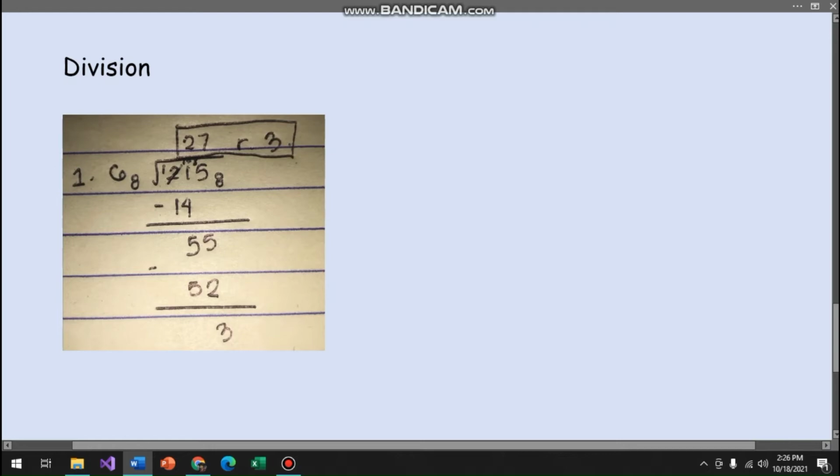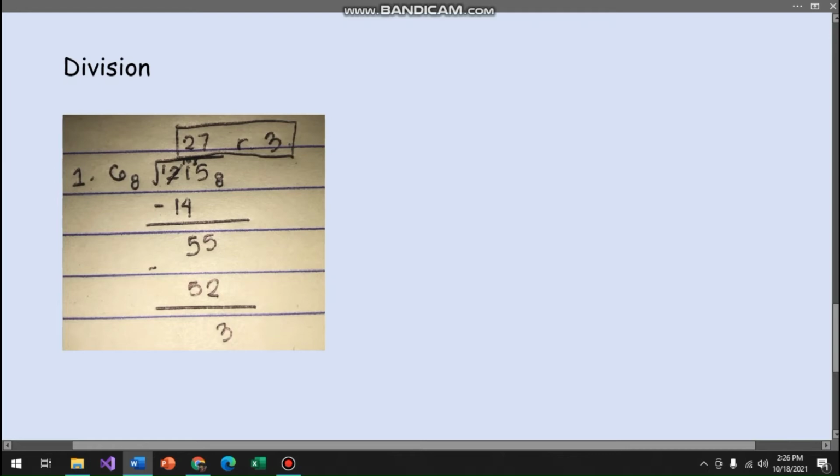Now subtracting it, we have to borrow from 2, and like what we did earlier, carry 1 is equals to 8, so it's 9 now. 9 minus 3 is equals to 5, and 1 minus 1 is equals to 0.